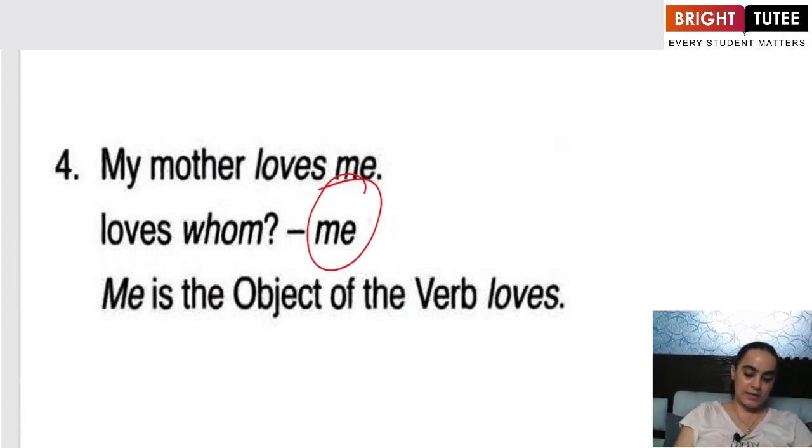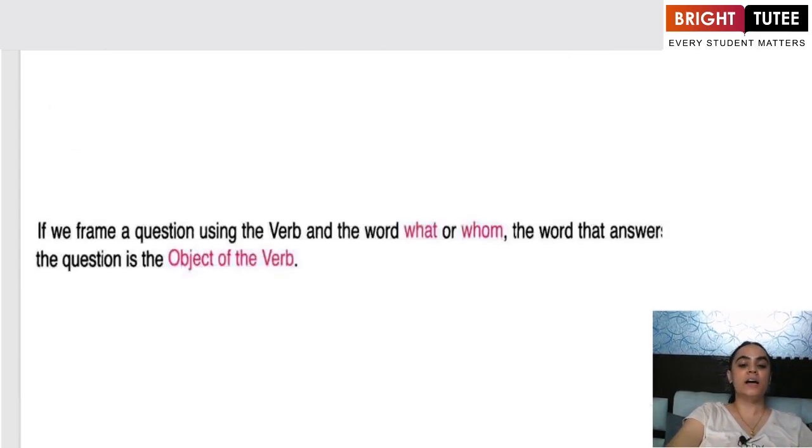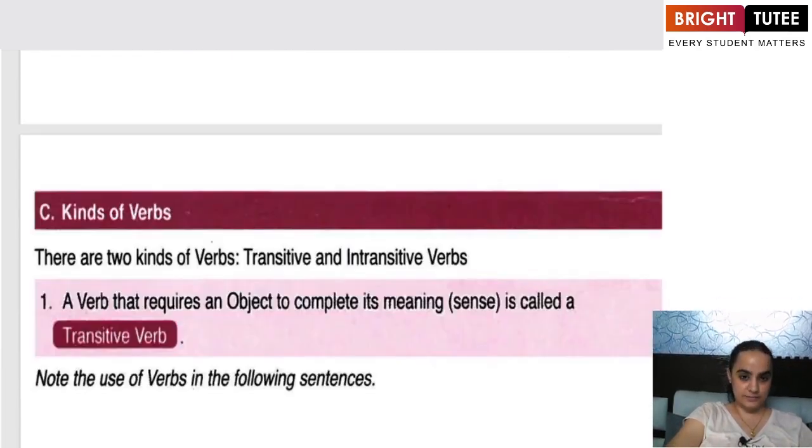So basically, the object of the verb can be found out by asking a question alongside the verb, and the answer that you get is your object. Clear? Next, let us talk about what are the different kinds of verbs.